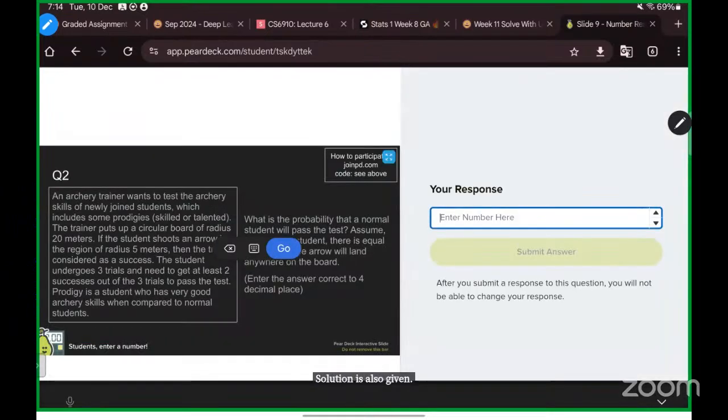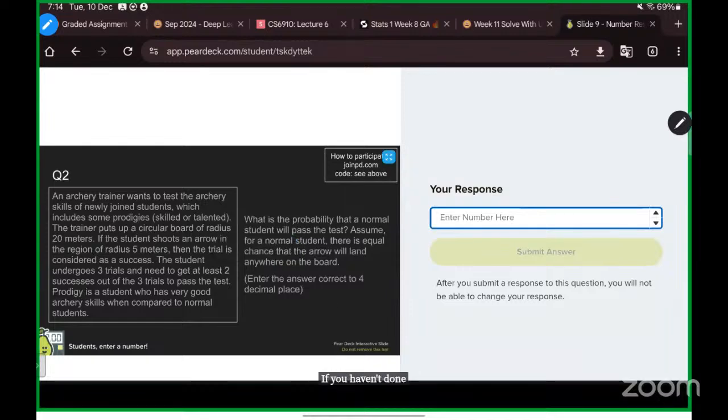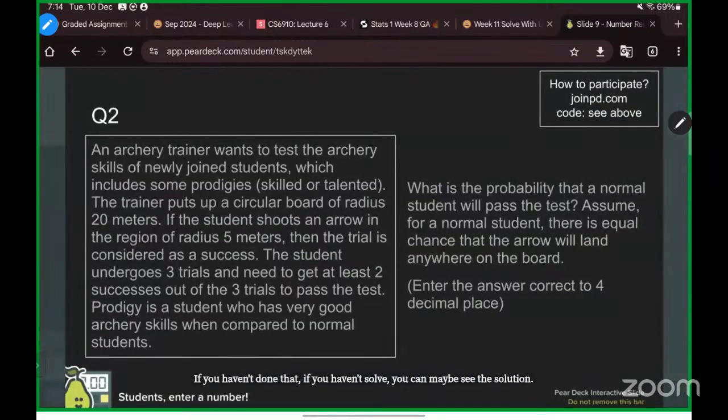So if you haven't solved, you can maybe see the solution later on.